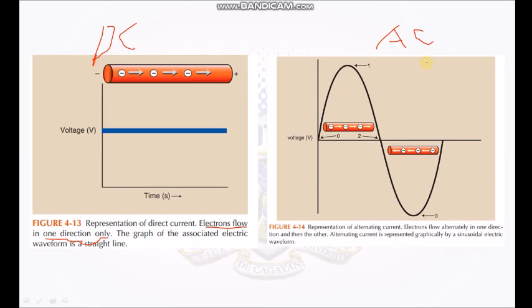When you have an alternating current, again the movement of the electrons, they flow alternately in one direction and then the other. So basically backwards, forwards, backwards, forwards. That is the movement of the electrons. When you have a direct current, the electrons will only move forward, or maybe only move backward. That is the direct current.